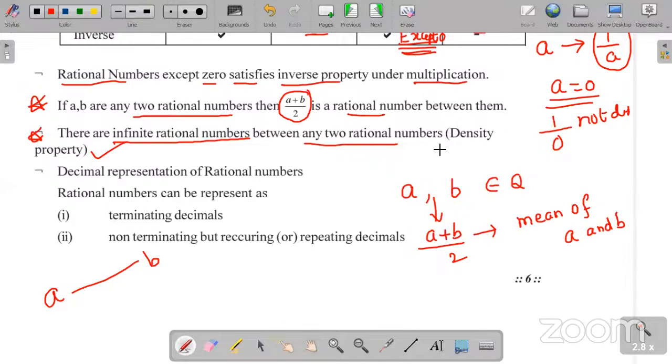So next, every rational number can be represented in decimal form. For example, 1 by 2 is a rational number.